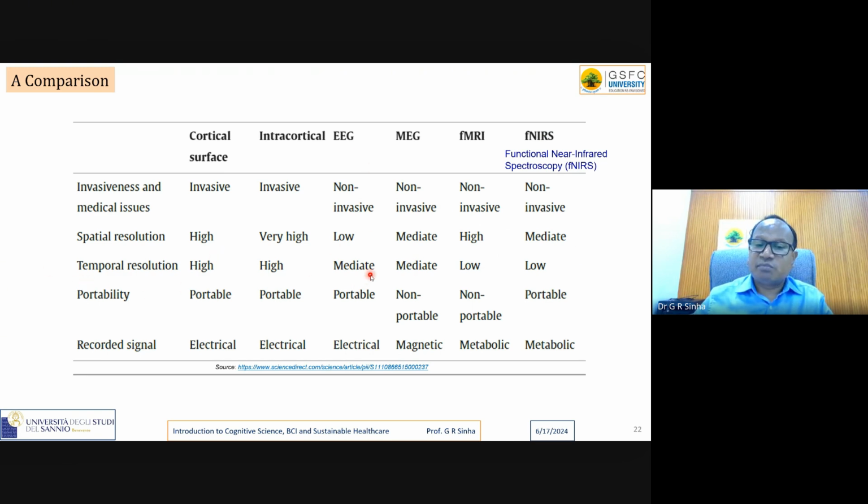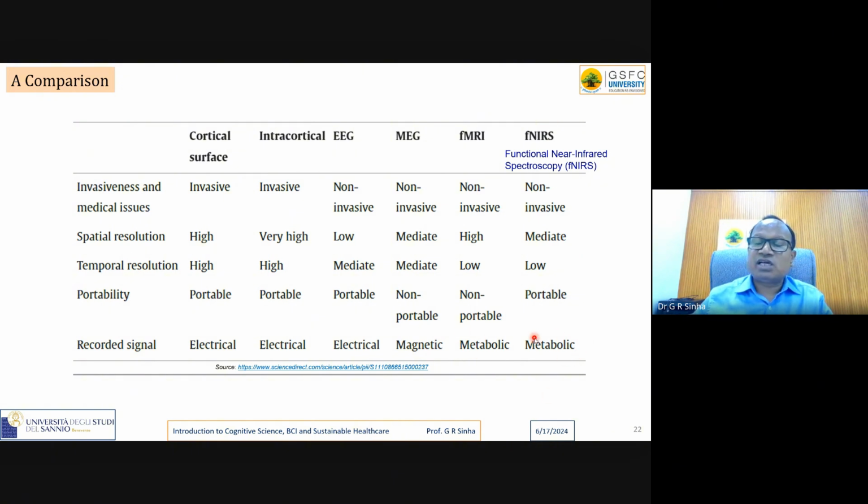EEG is very much portable. These EEG devices are becoming portable in nature, and even functional NIRS is becoming portable, so we can use them. What is the type of signal captured? In cortical, electrical signal; intracortical, electrical signal; EEG, electrical signal; MEG, magnetic signal; functional MRI, metabolic; and functional NIRS, metabolic.